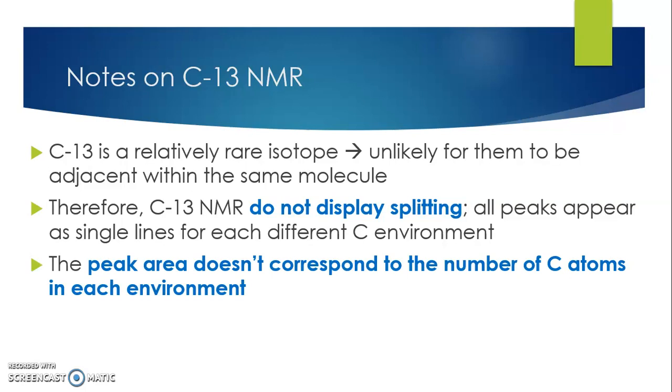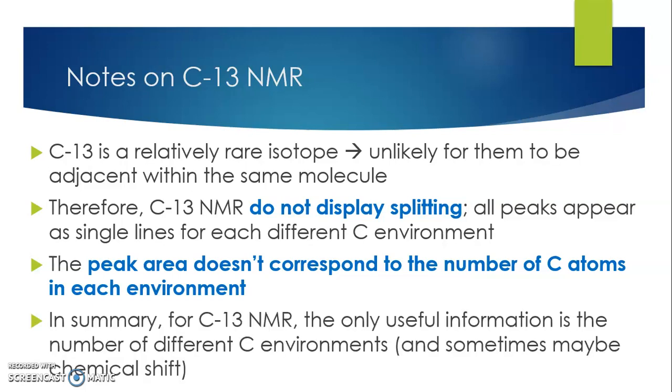Also, for a similar reason, the peak area does no longer correspond to the number of carbon atoms in each environment. So in summary, for C NMR, the only useful information is the number of different carbon environments, and we also use chemical shift to help us to confirm our educated guess.